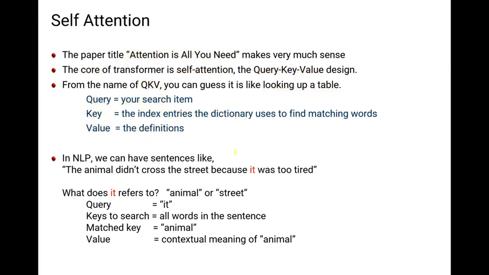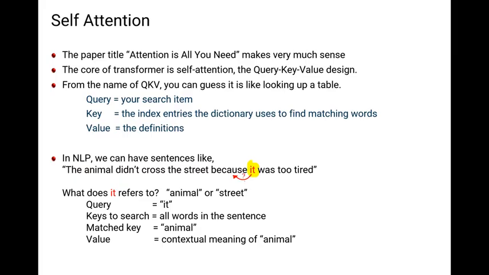Let's remove all this. For example, if you have a sentence like this one: the animal didn't cross the street. I will use a linguistic example because attention started with linguistics. The animal didn't cross the street because it was too tired. Here we want to understand what "it" refers to. Is it referring to "because"?